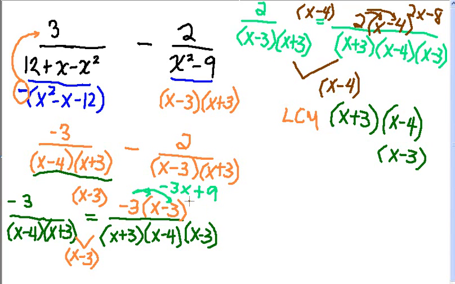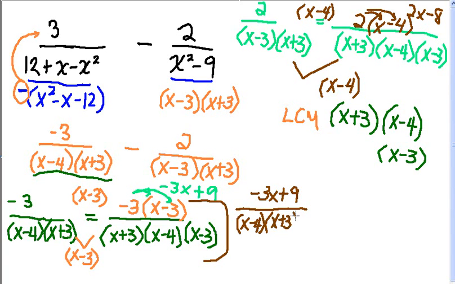Now I have each of my terms in terms of my common denominator, so I'm ready to rewrite this problem. I have minus 3x plus 9 over x minus 4, x plus 3, x minus 3.